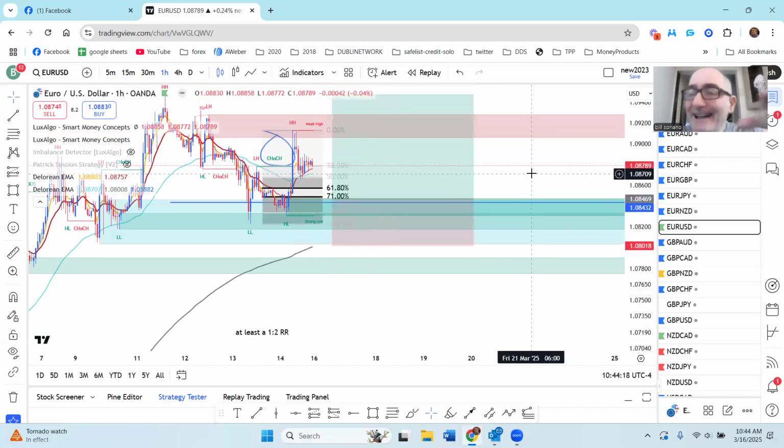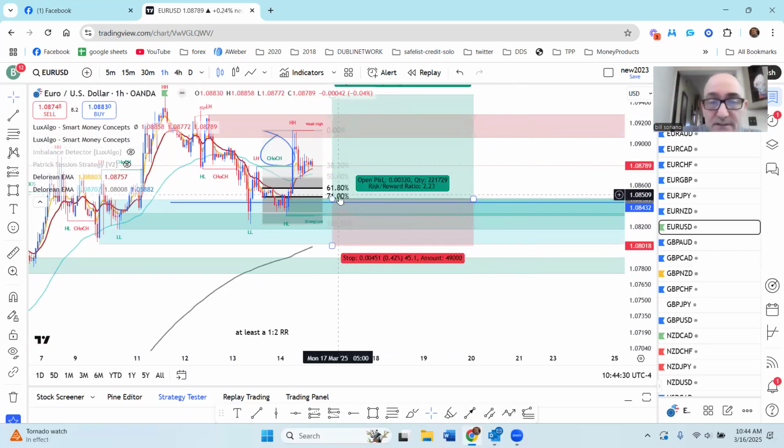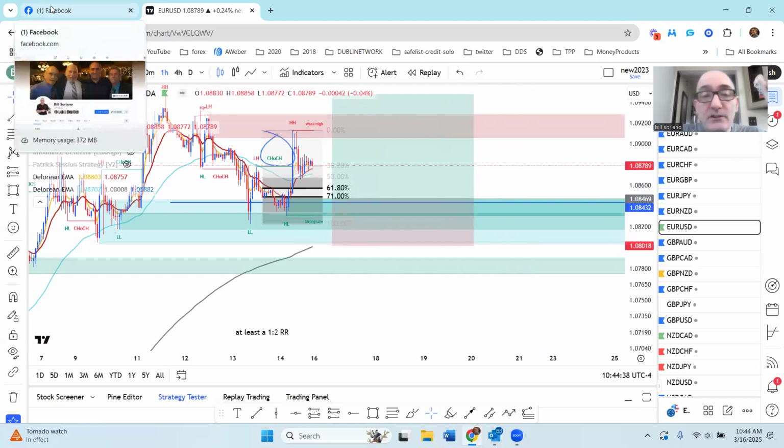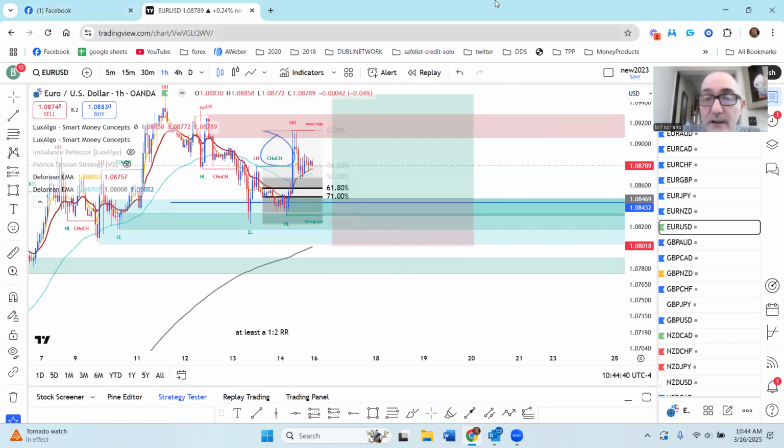So the idea is that you want price to retrace as little as possible to still get in the trade. A lot of times price will come down to the 61.8 or the 71 before it gets to the order block, and then it'll take off to the upside and you'll miss the trade. So this helps you out.